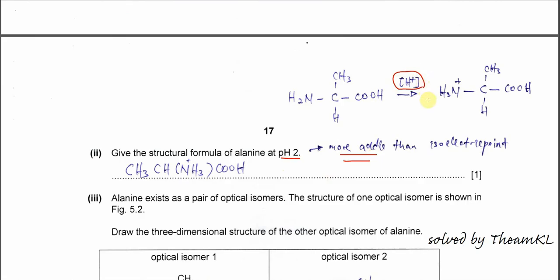So the amine group will react with the H plus. So it will form this structure. The COOH will remain and the ammonium will form. So this is the structure of the alanine at pH 2.